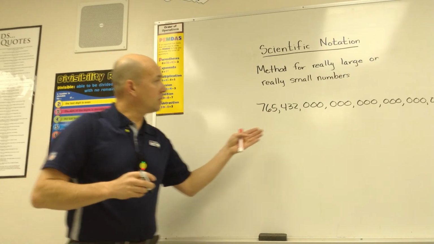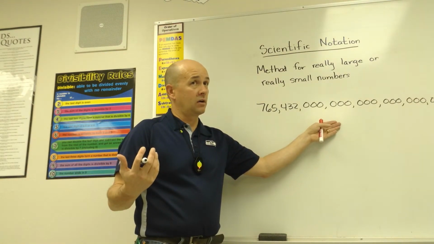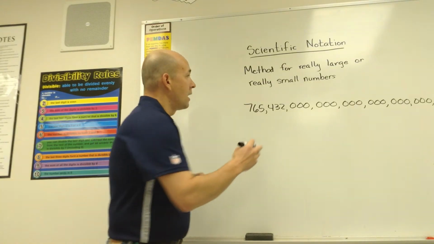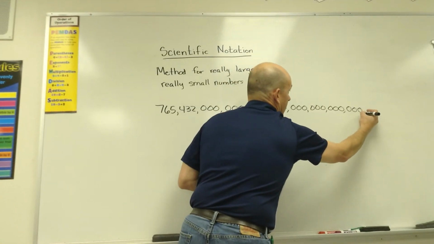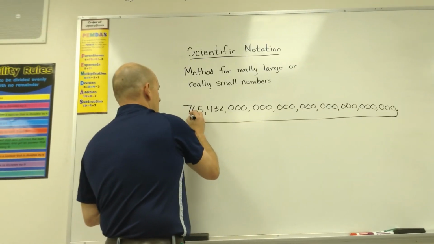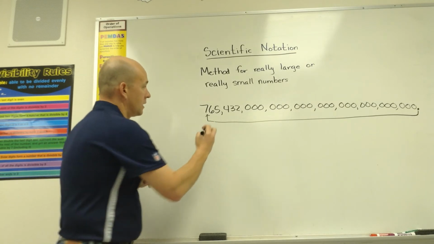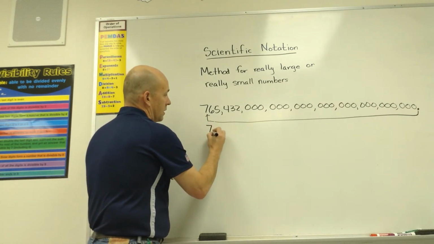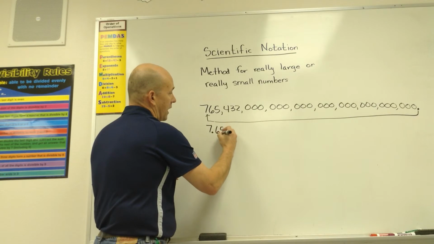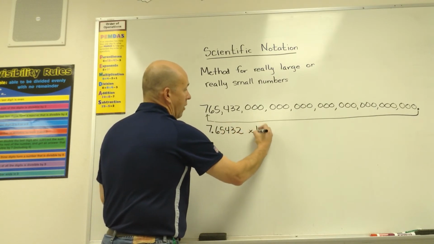All right, so this number, a lot of us wouldn't even have a clue on how to read it. In scientific notation, I don't have to know how to read it. I just need to know that I'm going to take my decimal point from the end of the number and move it all the way up here so that it gives me a number that's greater than or equal to 1 and smaller than 10. So it's going to be 7.65432 times a power of 10.